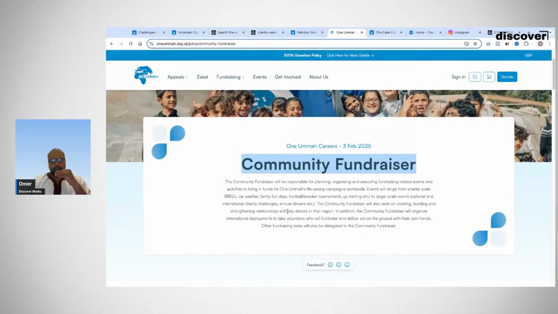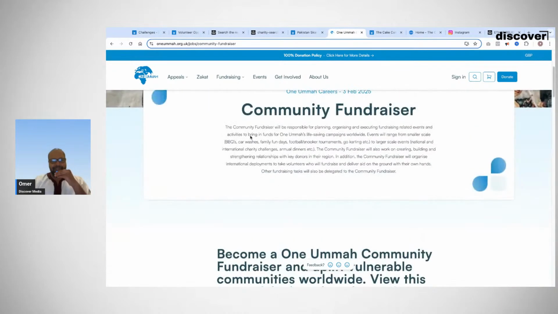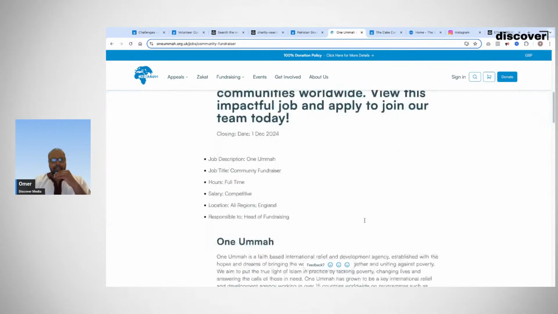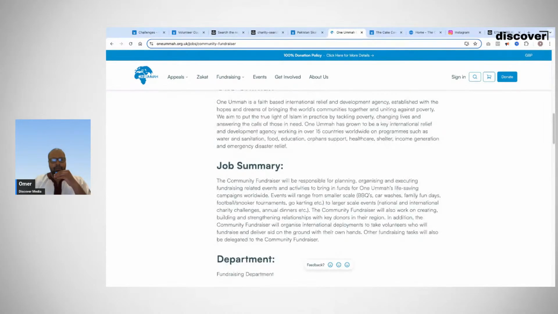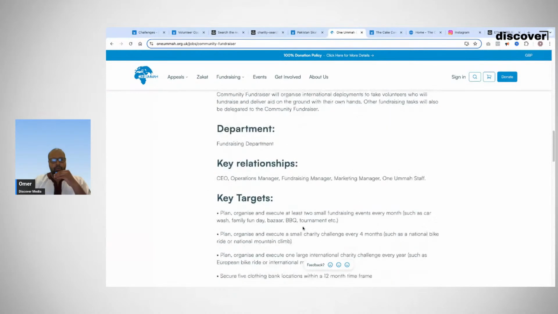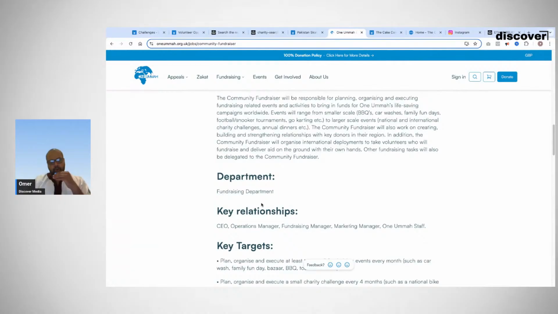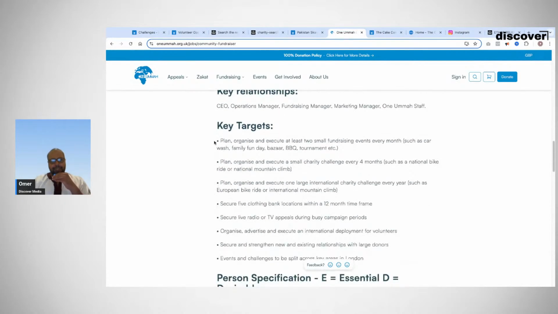This is what they expect of him. Community fundraiser is responsible for planning, organizing, and executing fundraising-related events, life saving, blah blah blah, car wash. Remember all these challenges that we saw there. Go karting again. That's challenges to target. Blah blah blah, and then here it will tell you who you report to, which is the fundraising department.